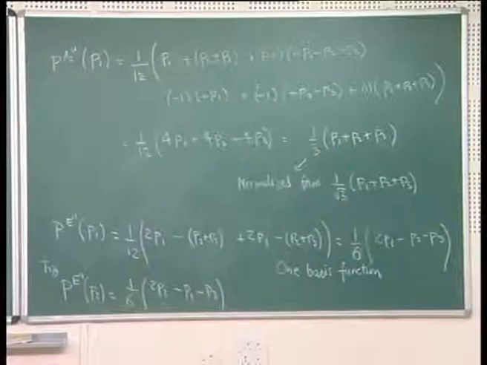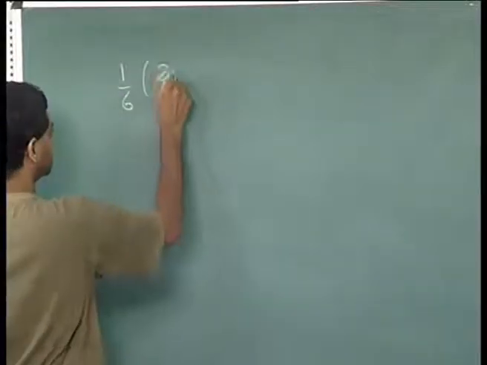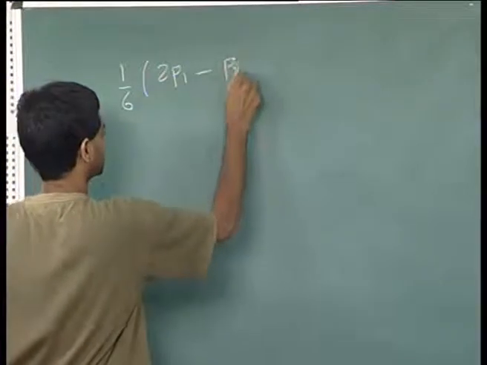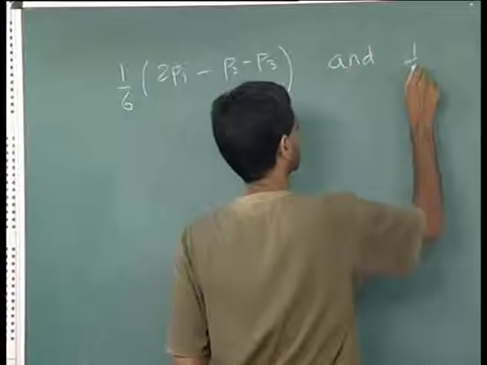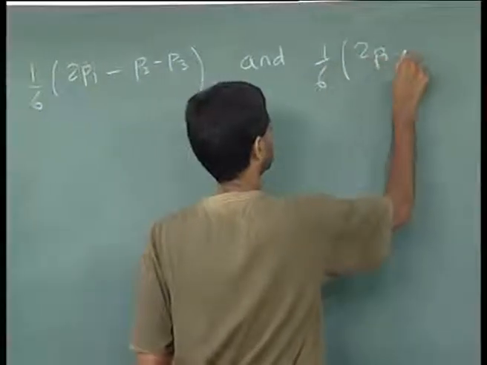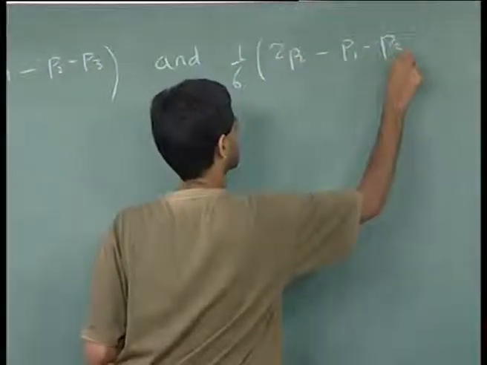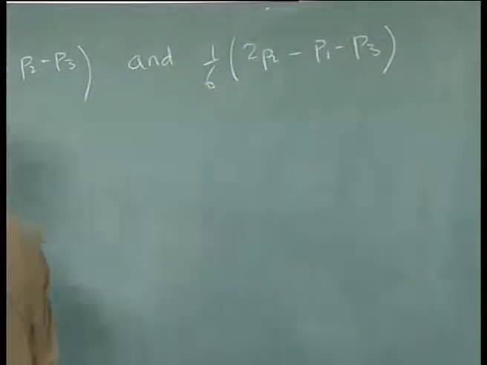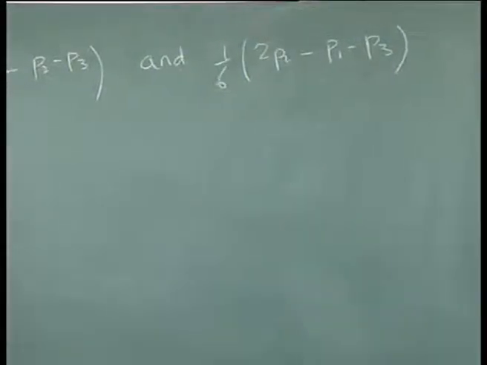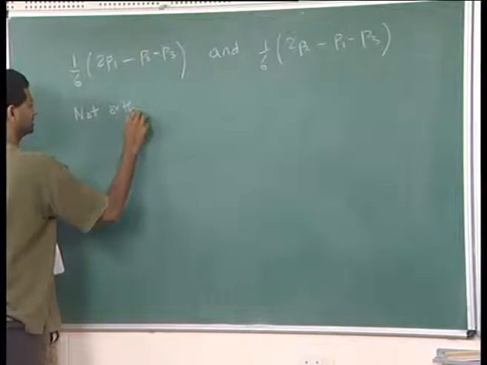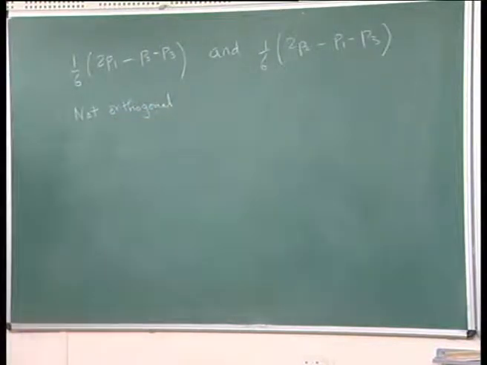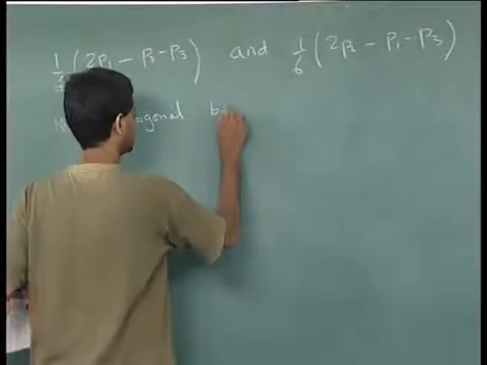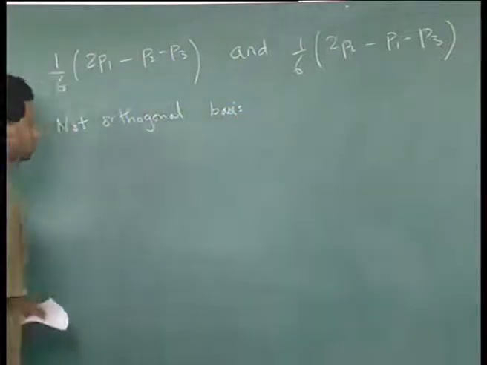So what we have is 1 by 6 (2 P1 minus P2 minus P3) and 1 by 6 (2 P2 minus P1 minus P3). These are not orthogonal basis.